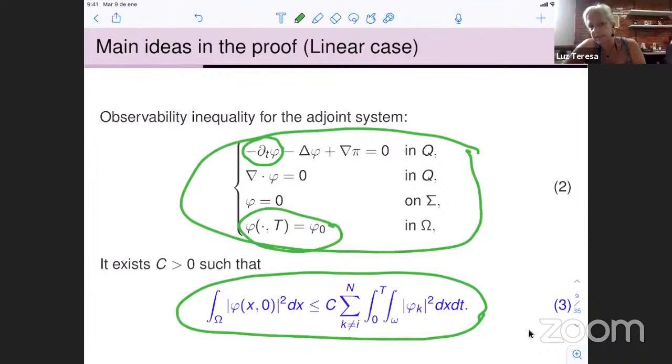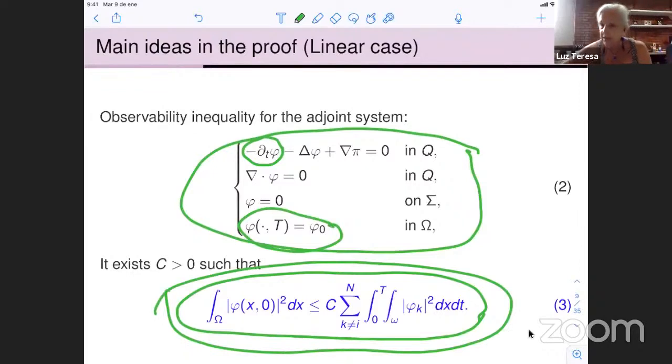And for this system, in control theory, we know that if we can prove an observability inequality like this one, it is possible to construct, by minimizing a functional, a null control to the direct problem. So to the problem that we want to drive to 0, okay?